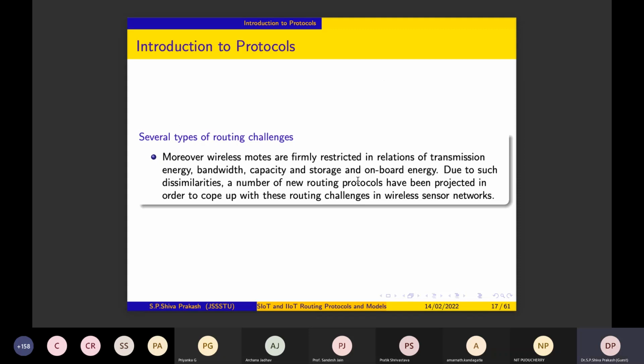Also, in a WSN, wireless nodes are firmly restricted in terms of transmission, like energy, bandwidth or capacity, and storage or onboard energy. So due to such dissimilarities, a number of new routing protocols have been proposed in order to cope with these routing challenges in a WSN.